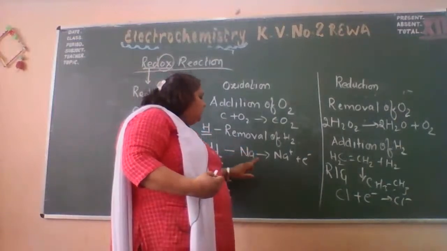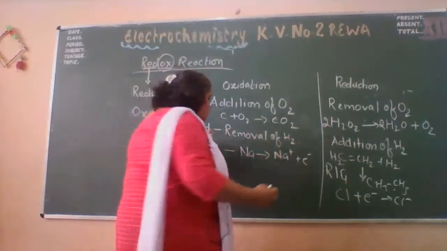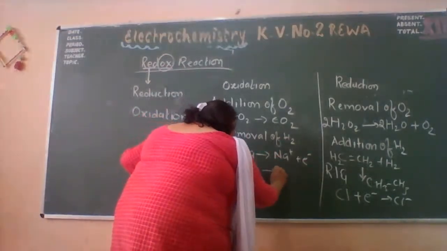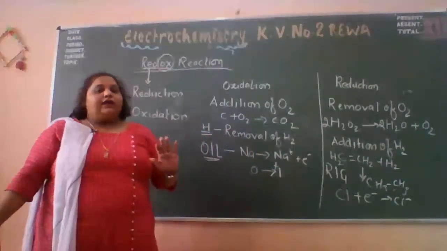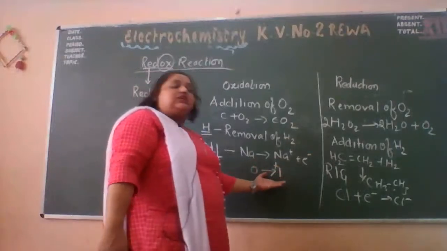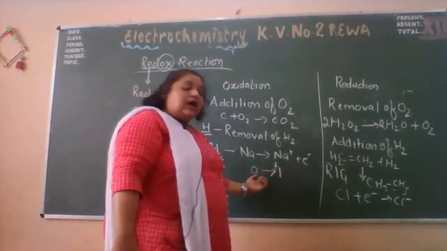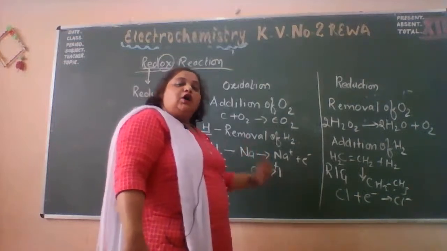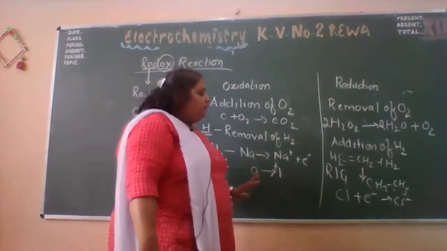What is here? Its charge is 0. Now its charge is +1. Now its oxidation state is changing 0 to +1, and this is a positive change. So this is a reaction that is to be defined as the oxidation on the basis of the oxidation number.